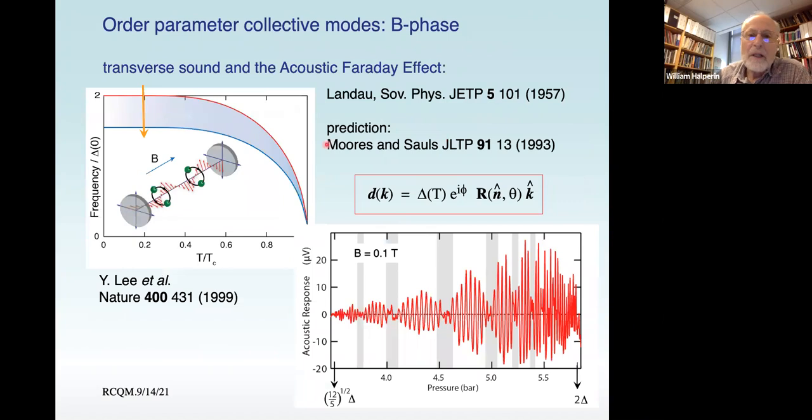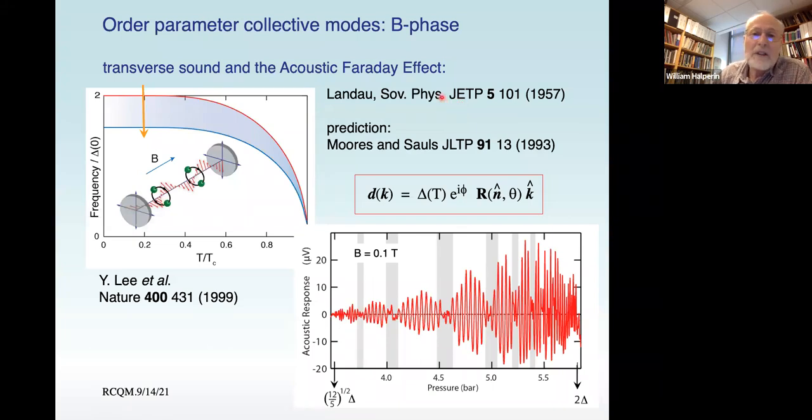What was observed here at Northwestern, first theoretically by Moores and Sauls, now some years ago, was that transverse sound would propagate in superfluid helium-3. This goes back to Landau's prediction that even in the normal fluid, there should be transverse sound.